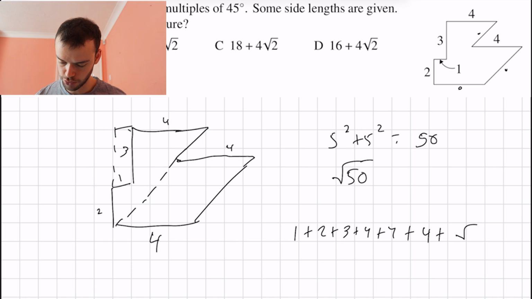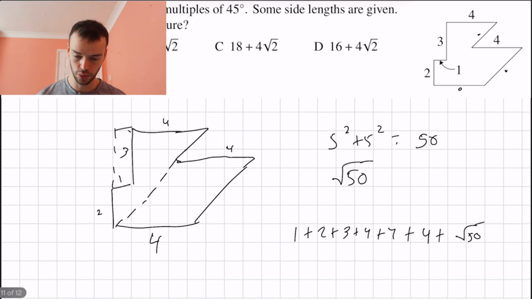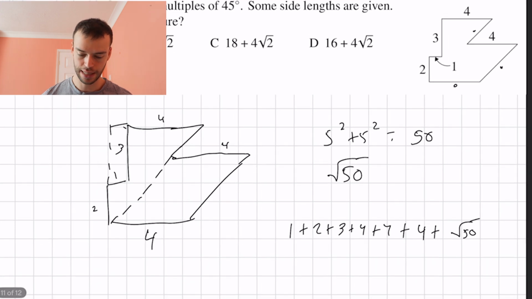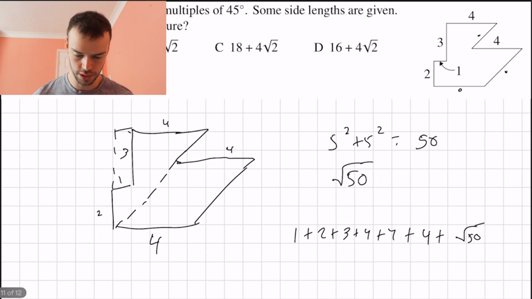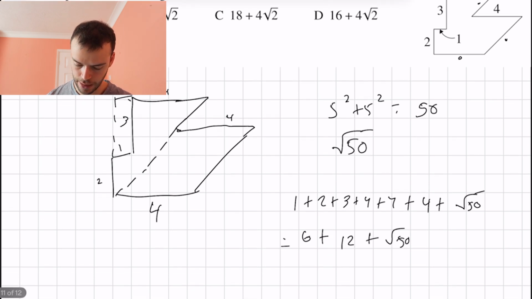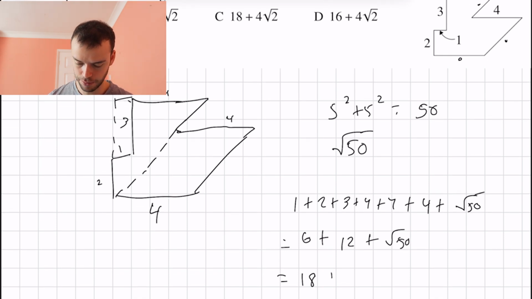So plus root 50. Cool. That is none of these yet, but let's simplify this down and see if we get one of those answers. So 1 plus 2 plus 3, that is 6, plus 3 fours is 12, then plus root 50, and therefore we have 18 plus root 50.